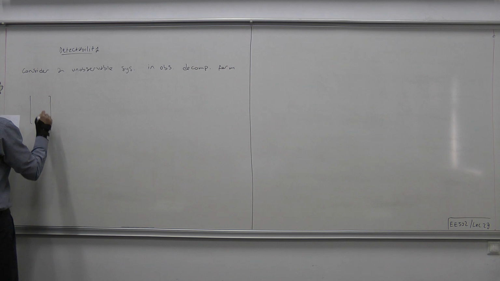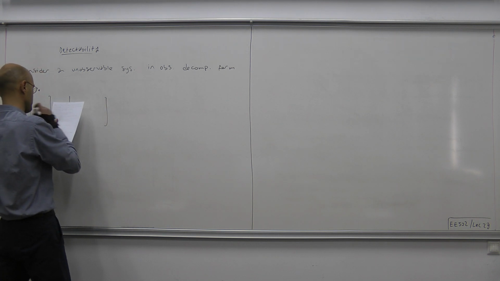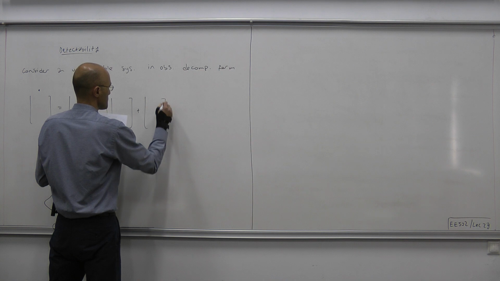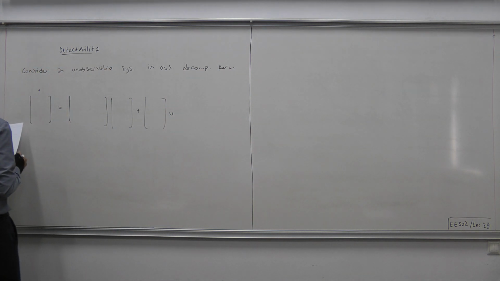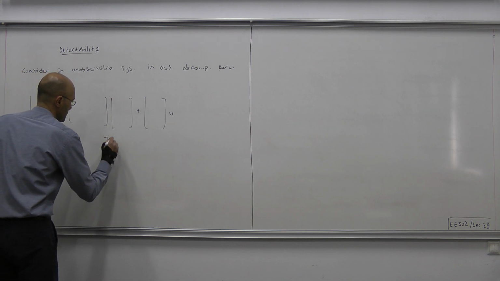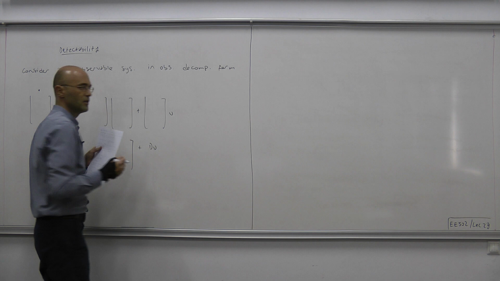So we have x dot equals the A matrix times x plus Bu, and y equals the C matrix times x plus Du.